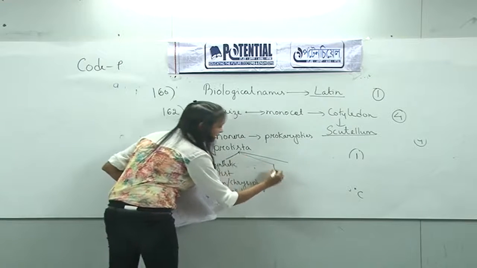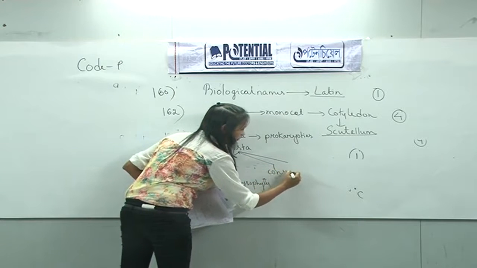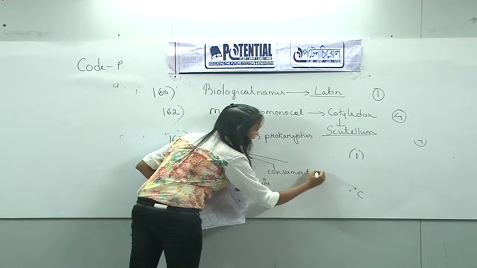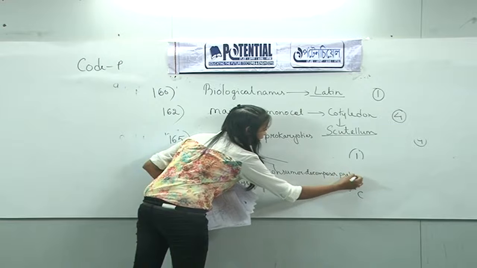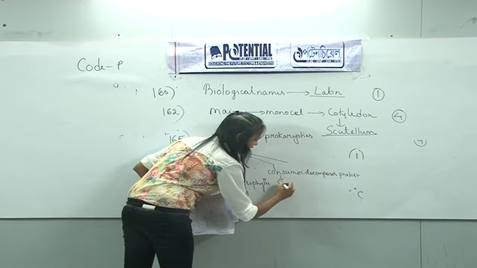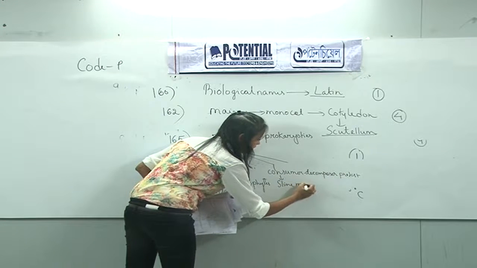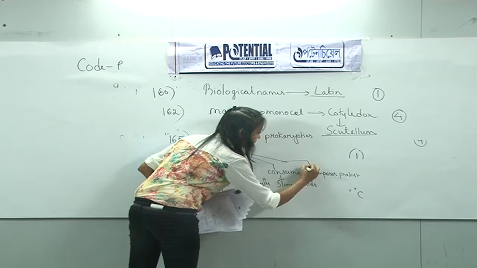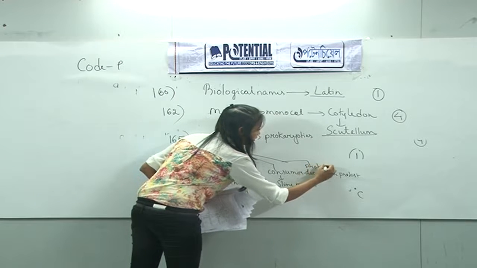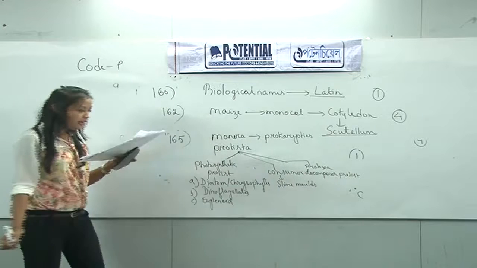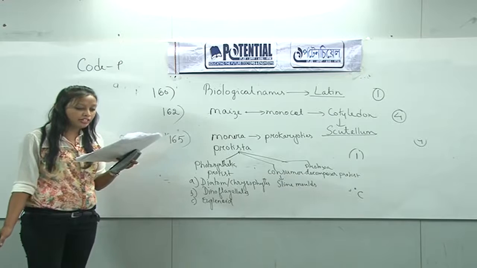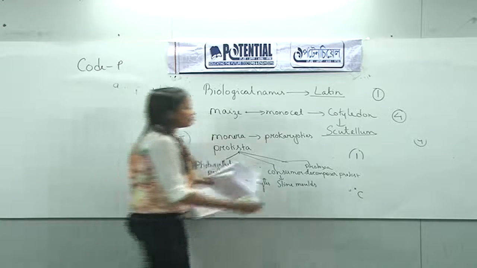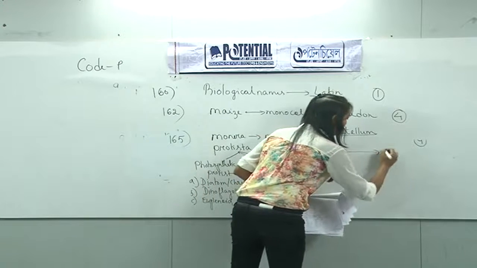Then the next group is consumer decomposer protists, which basically include the slime molds. And the third group is protozoa. So according to the question, diatoms, euglenoids, dinoflagellates and slime molds are included in the kingdom Protista. So the correct answer is 2.